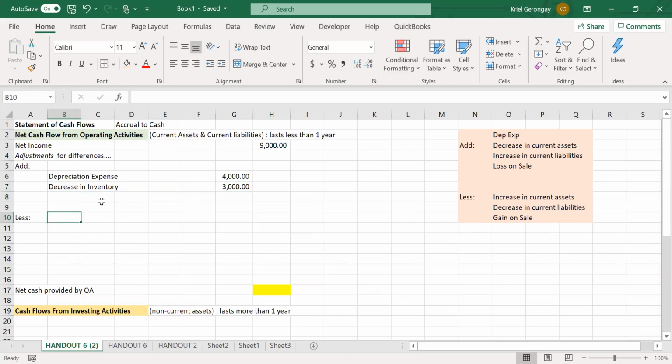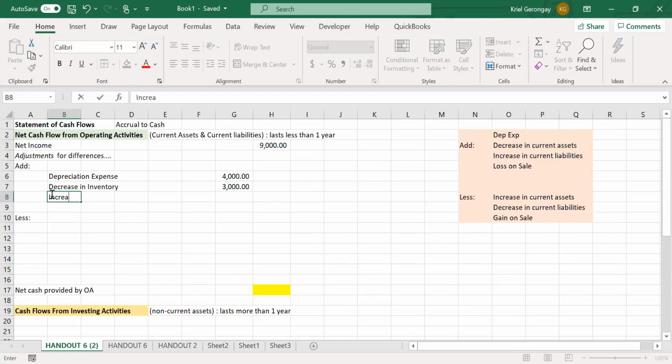Okay, so if you look at the liability section of the balance sheet, it says that your unearned rent increased by 1,000. So since this is an increase in current liability, we're gonna have to add it.